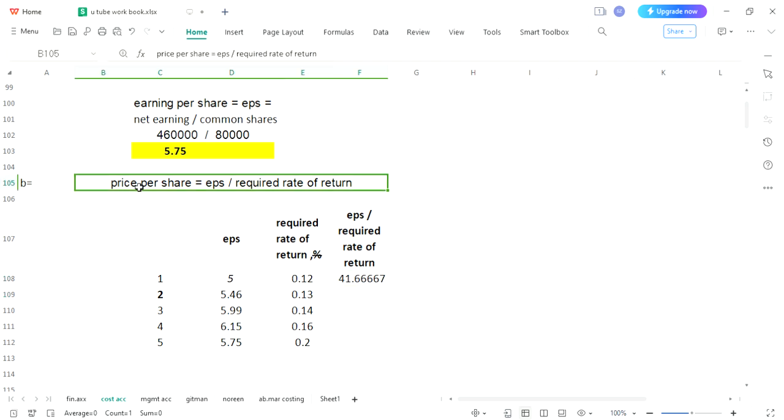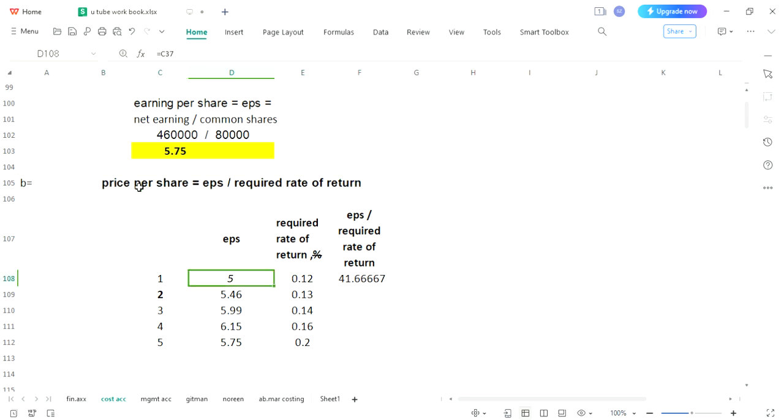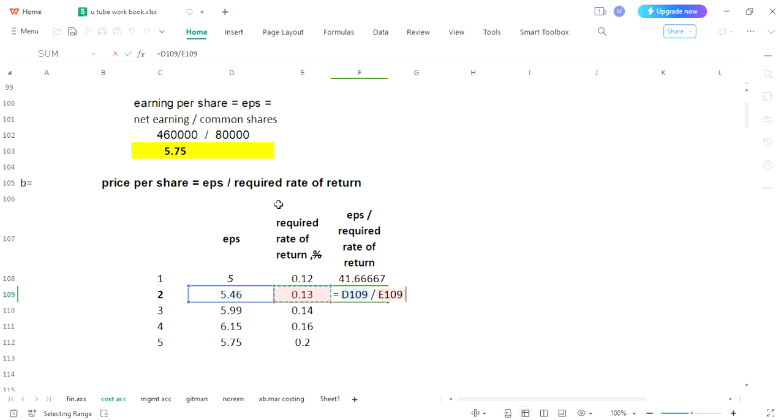This is what we are going to calculate, price per share. For the second price per share, we divide EPS, that is 5.46, by required rate of return, which is 0.13.